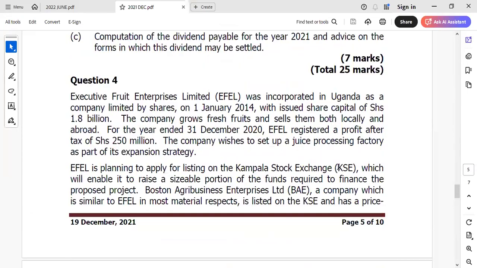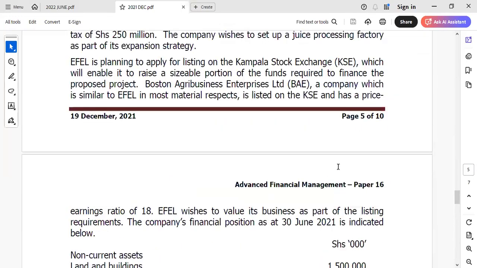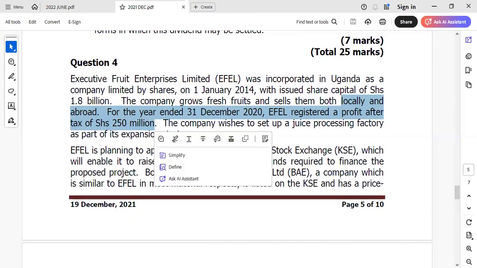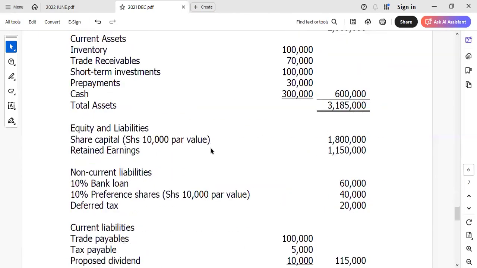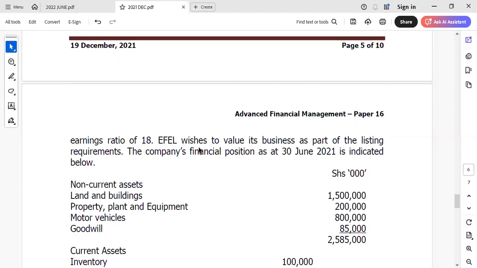This is December 2021, Question 4. You have everything here. You have profit after tax here. I recall we discussed this yesterday, isn't it? So you will use the same knowledge.